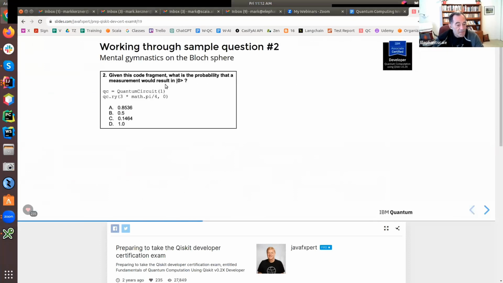Given this fragment of code, what is the probability of measuring 0? Let's try to reason about this. We are taking a regular qubit and rotating it around the y-axis.